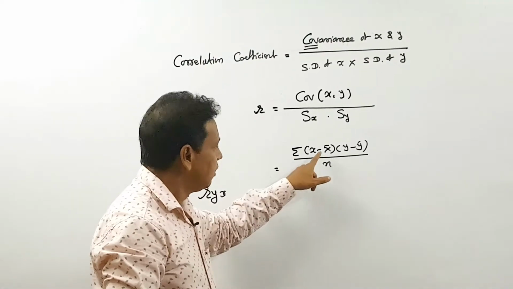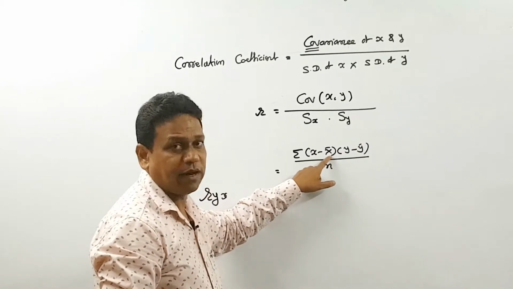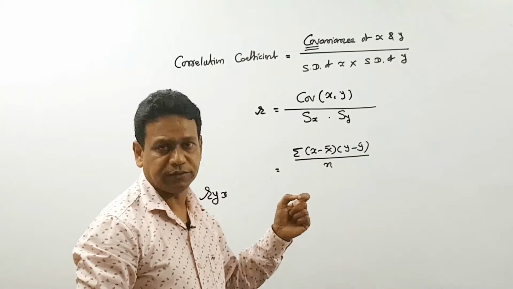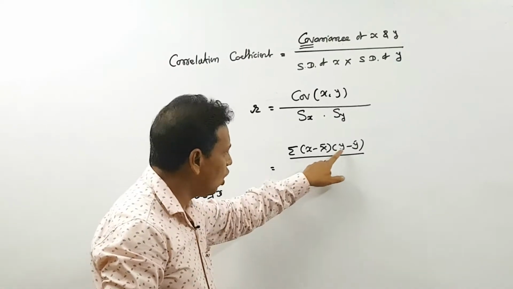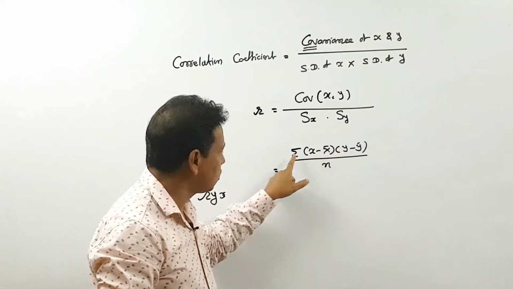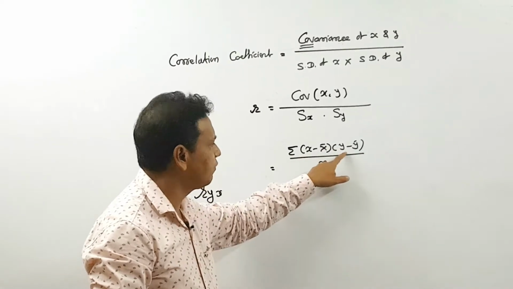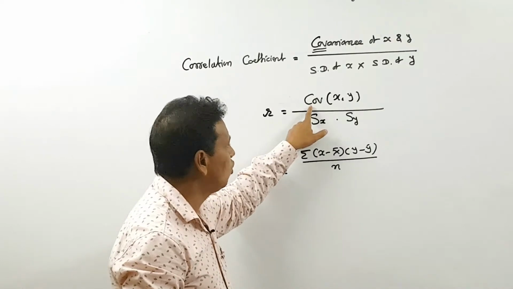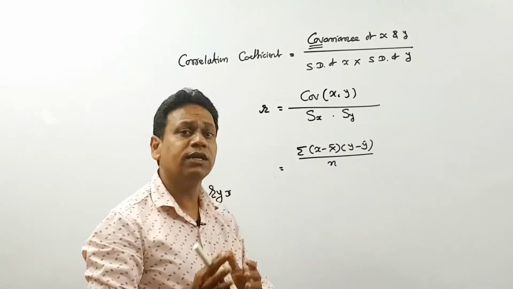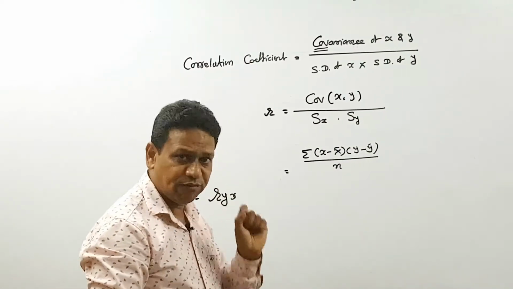The part x minus x bar is called deviation from mean. So the sum of products of deviations from mean divided by n is called the covariance of xy. Or in other words, it is an average.